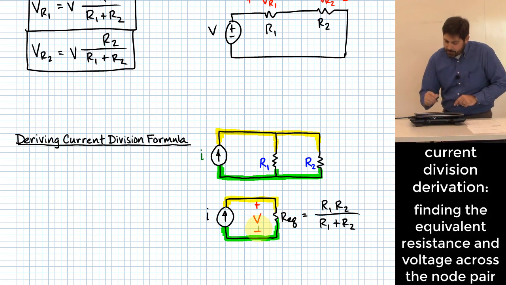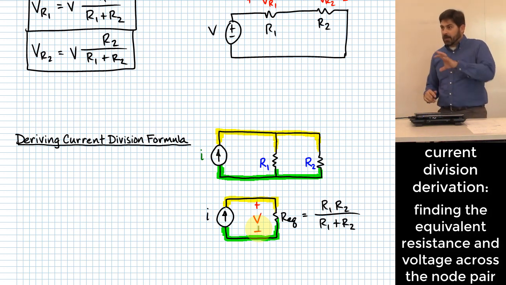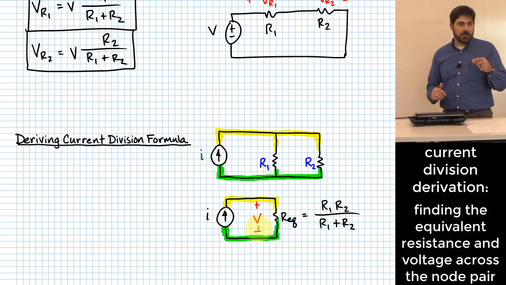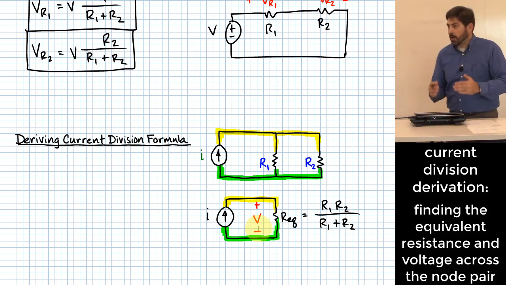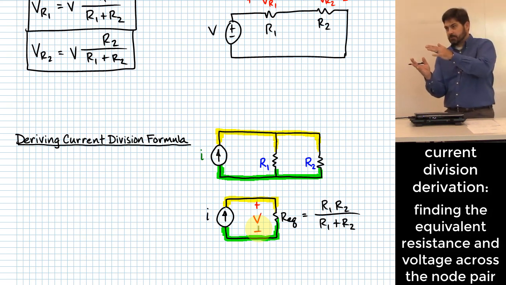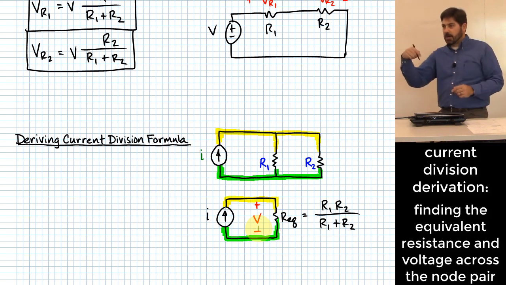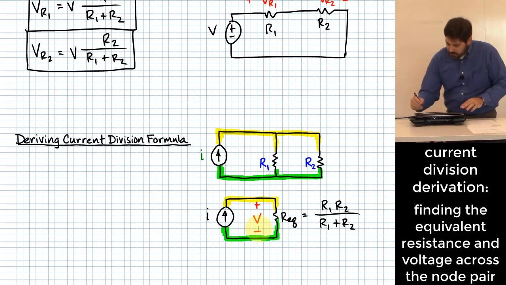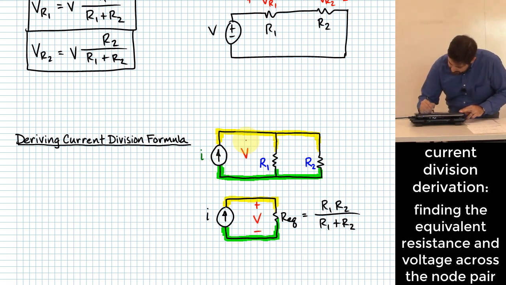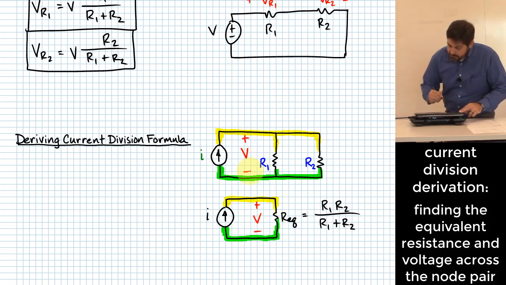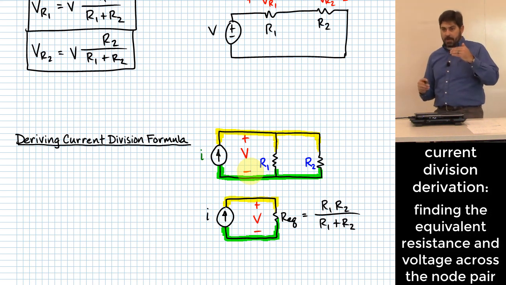So once I come up with this V value for my equivalent resistance, does that still exist when I go back to my original circuit? It does. It didn't go away because I still have the same pair of nodes that didn't leave whenever I made that substitution for REQ. So I'm going to say that is the V that I have up here, and that is the V applied across both of these two resistors. With me so far?